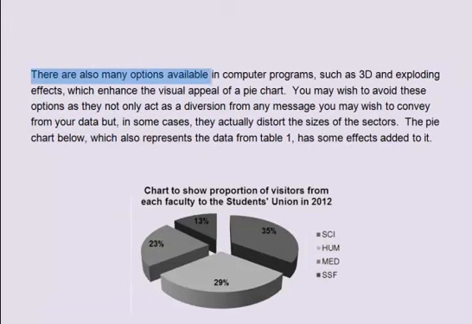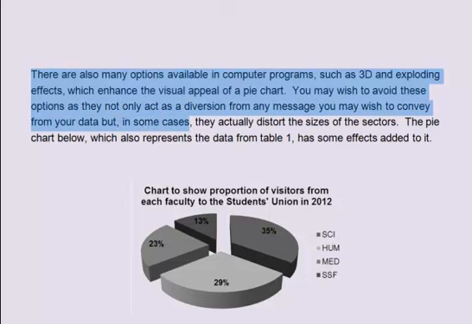There are also many options available in computer programs, such as 3D and exploding effects, which enhance the visual appeal of a pie chart. You may wish to avoid these options, as they not only act as a diversion from any message you wish to convey from your data, but, in some cases, they actually distort the sizes of the sectors.